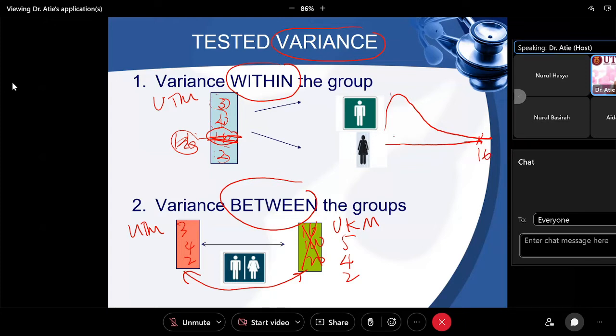The rest, 2, 3, 4, is here. So dia ni outlier. It's like something extraordinary. So we don't want this person in our analysis. Once we remove this person, our distribution will become normal, right?